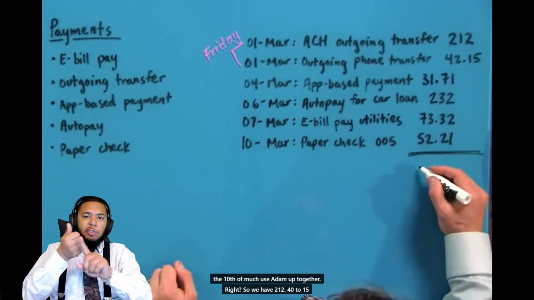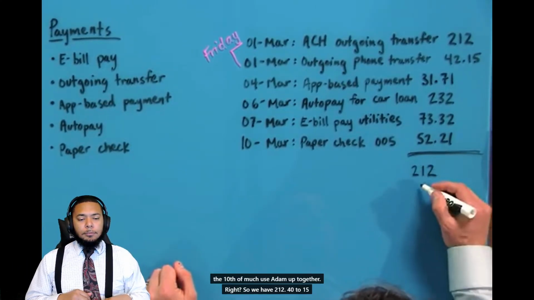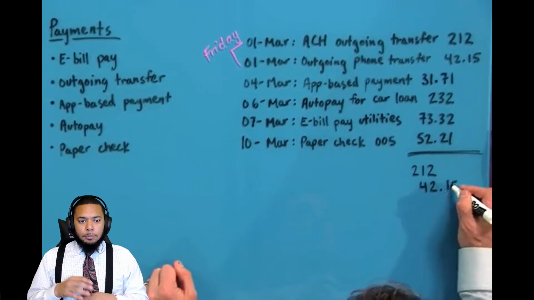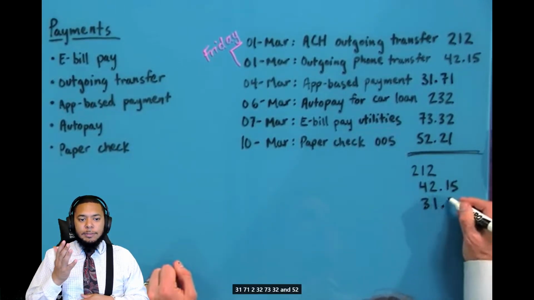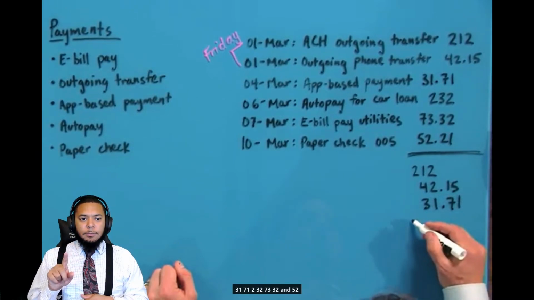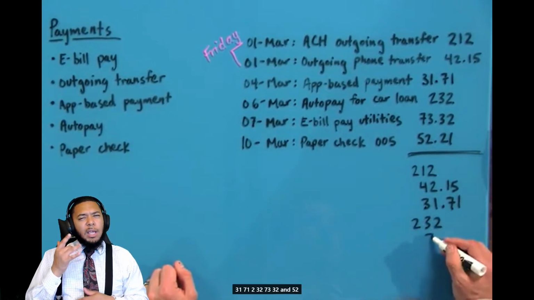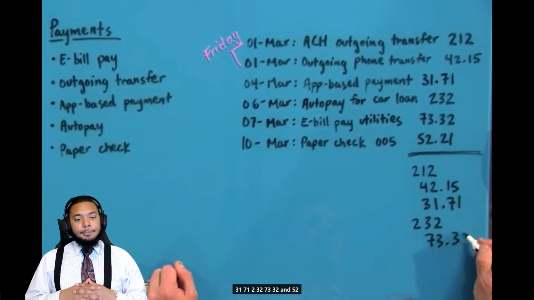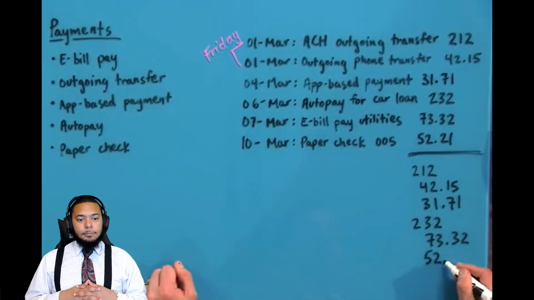All right, so we have 212, 42.15, 31.71, 232, 73.32, and 52.21.